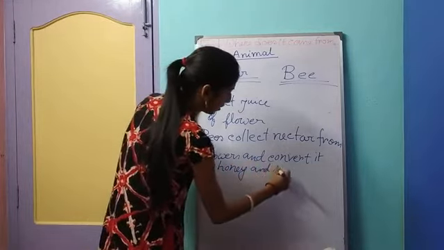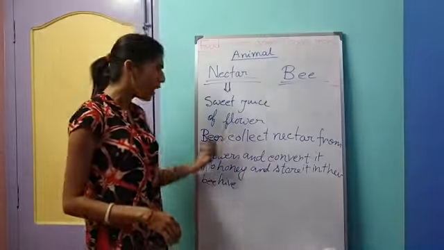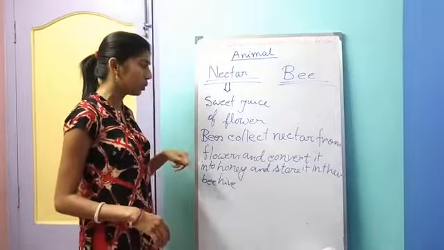So bees collect nectar, that means the sweet juice of the flower, from different flowers, and convert it into honey and store it in the beehive. And we break that beehive and take that honey, and we use that honey as our food also. Okay, so why are bees collecting this sweet juice and converting it into honey?